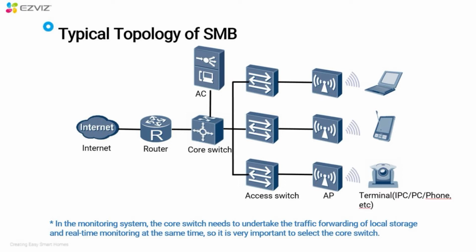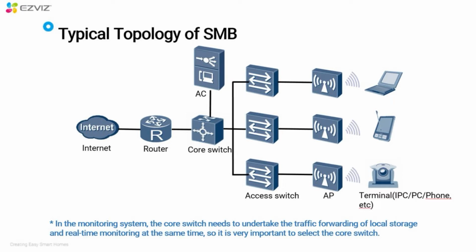From the left, you can see the internet network, and the data will go through the router in the big building or your home, and it will transmit the data to our core switch.